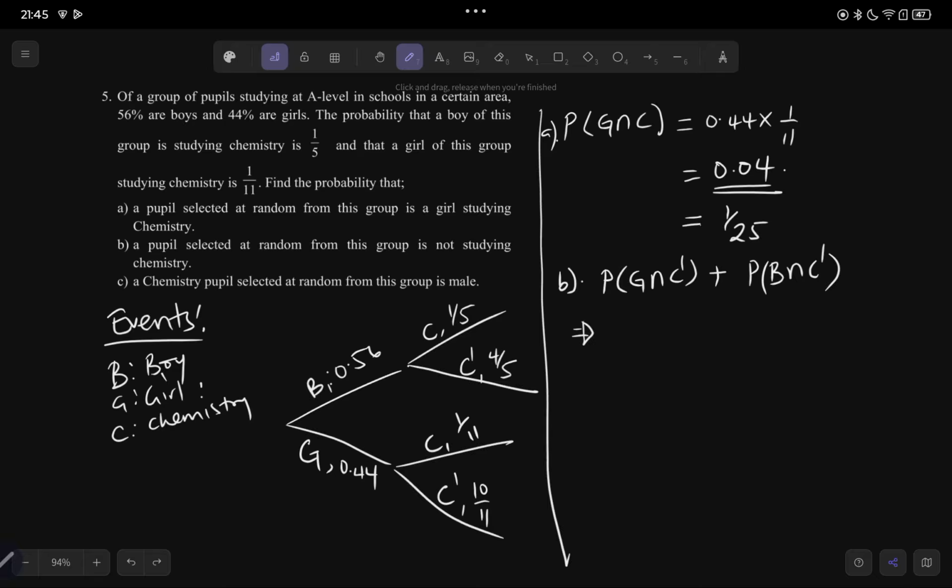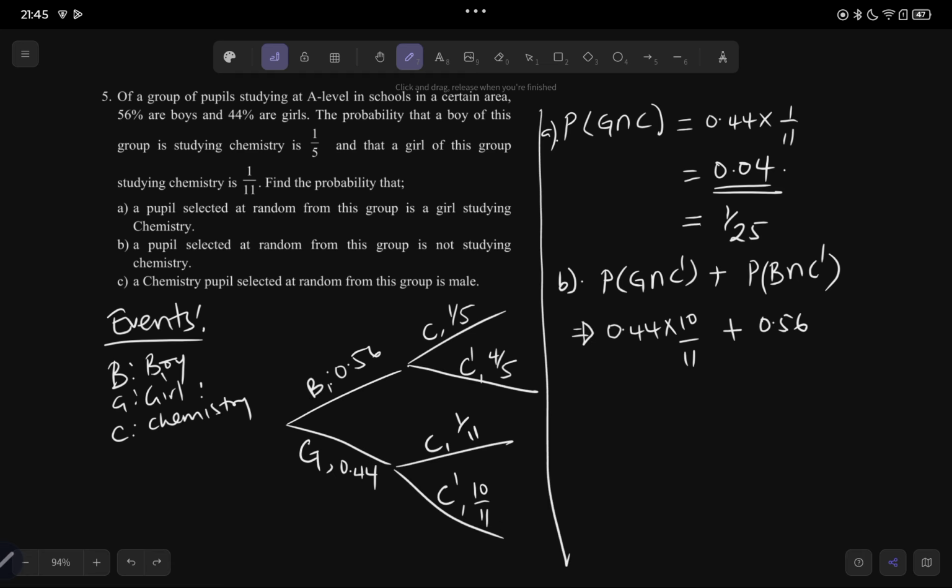So girl not studying chemistry, 0.44 times 10 over 11. Boy not studying chemistry, 0.56.